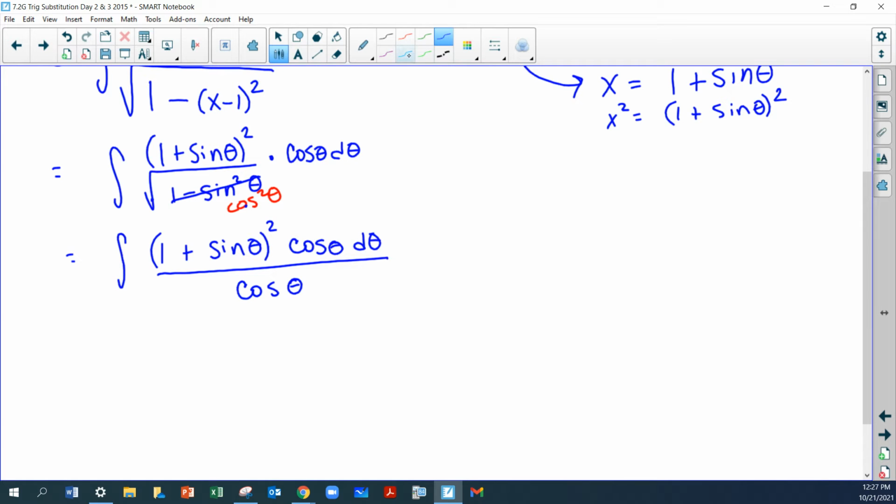Ooh, looky there. We get our cosine thetas to eliminate. And is that good or bad? I wish I could keep cosine there because then I could have used u-sub. Now let's expand, because that's the only choice I think we really have.